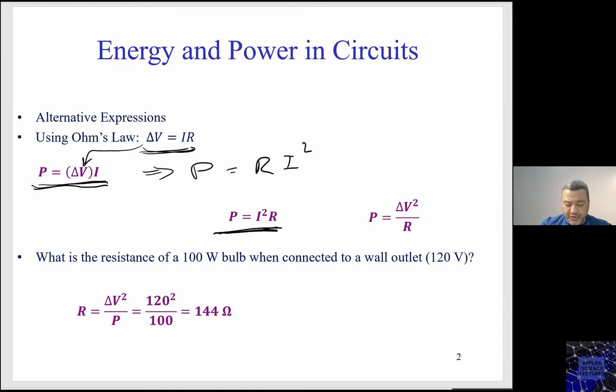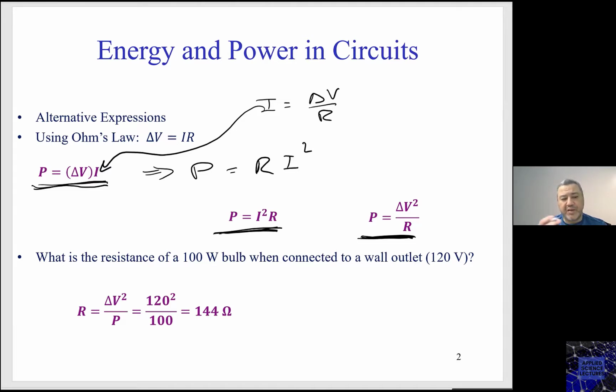Or from Ohm's law as well, if I calculate the current in terms of the potential difference and the resistor, and then substitute I in this expression, then I would get P equals delta V squared divided by R. So those expressions are useful when I have, for example, the current and the resistance, I can find the power, or when I have the potential difference and the resistance, then I can find the power right away.